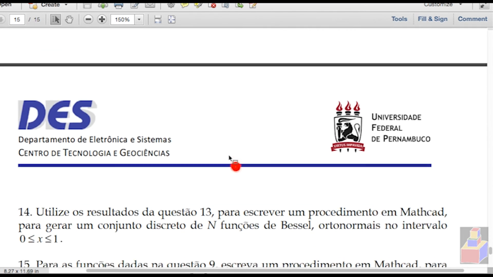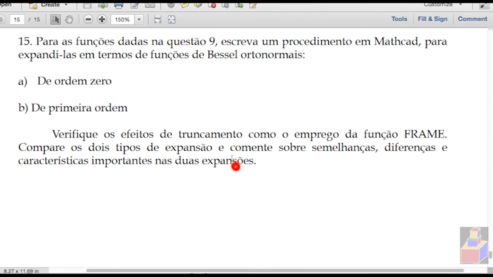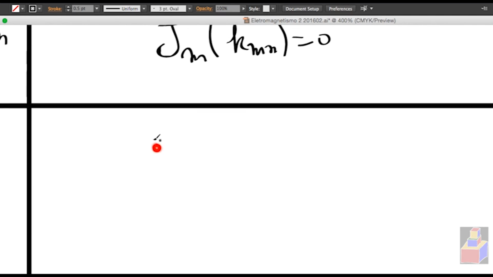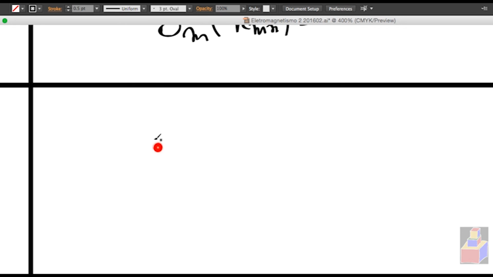Using those, you're going to do some exercises, some expansions using Bessel functions, and see that it works. For instance, you can expand a function in the domain between 0 and 1. Suppose you want to expand a function f of x.